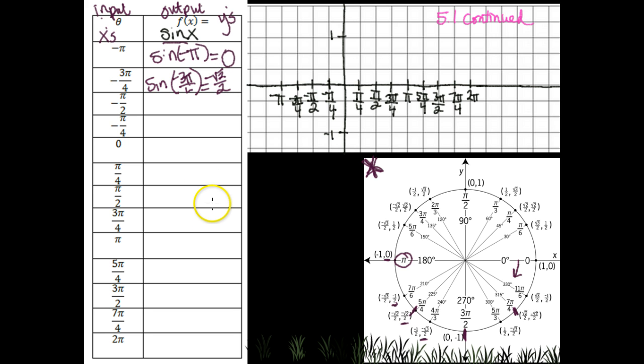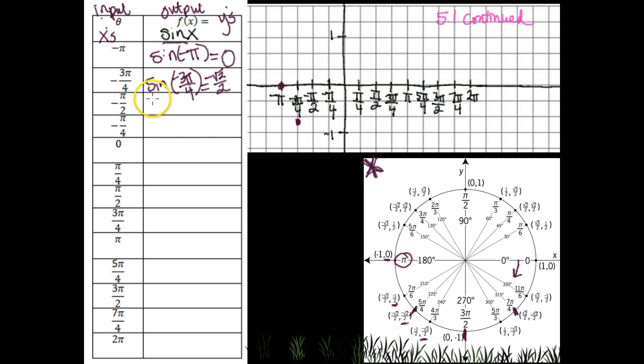Okay, that gives us 2 points on the graph. So we've got that negative pi gives 0, and then negative 3 pi over 4 is somewhere between 0 and negative 1, kind of closer to negative 1. So we're going to put this point.